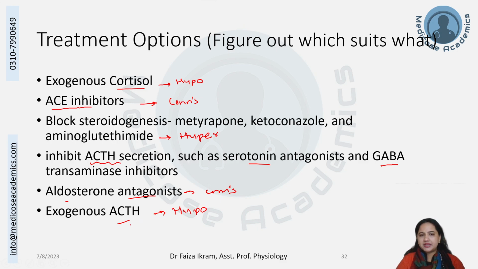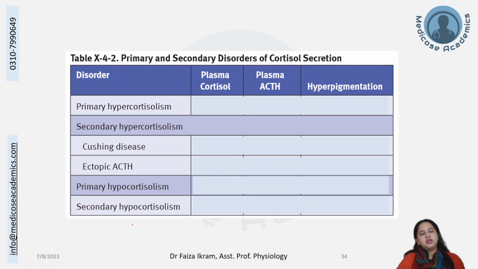Do not try to memorize all these, this is just a conceptual exercise. If there is deficiency, give from outside. If there is excess, do something to antagonize. Okay, this is again an exercise for you. Before listening to the rest of the video, I would like you to try it.